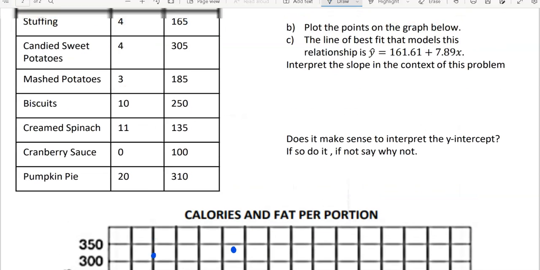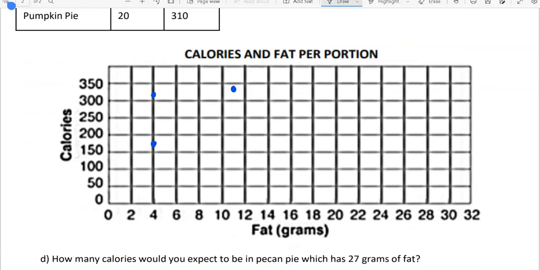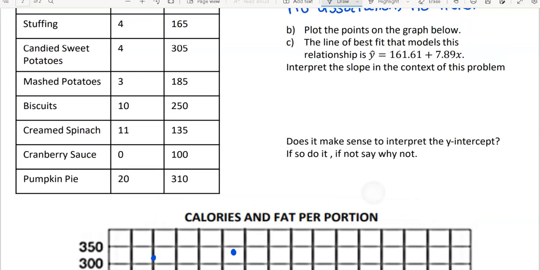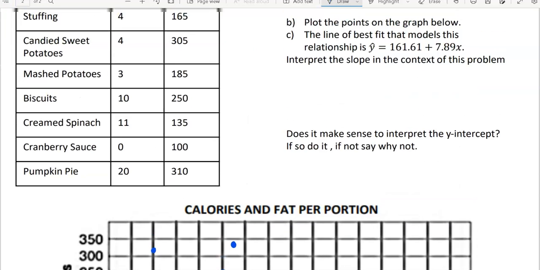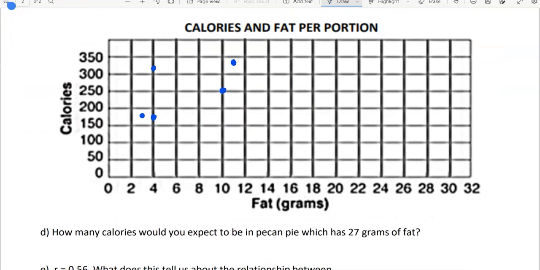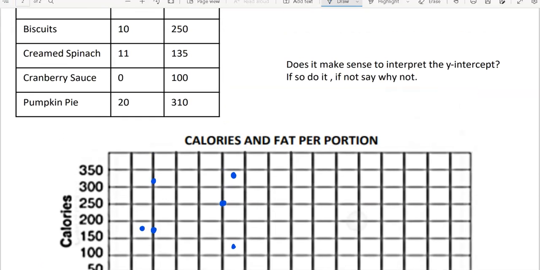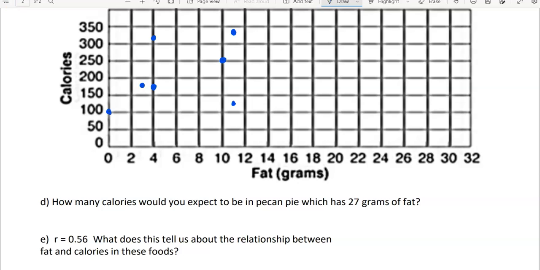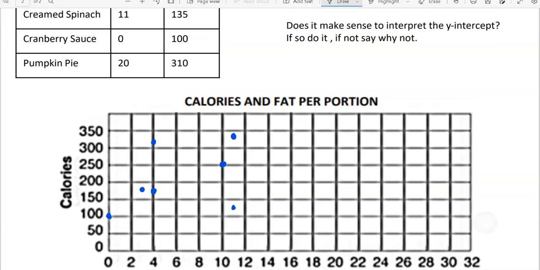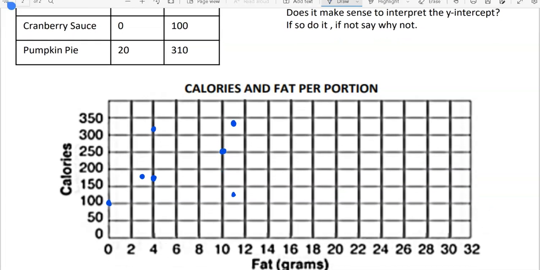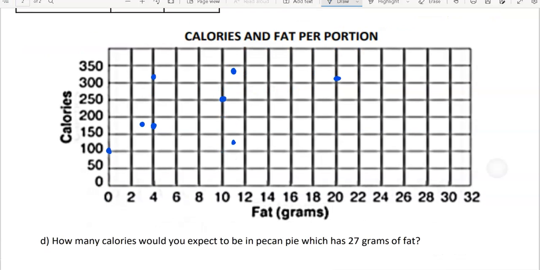It's up here. 3 and 185, in between. 10 and 250. 11 and 135, it's going to be down here. 0 and 100. And then 20 and 310, right here. So there's our dots.